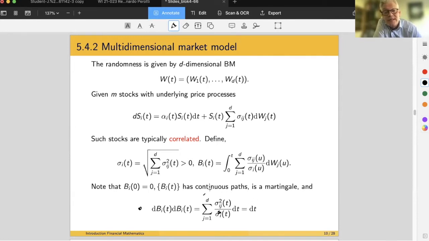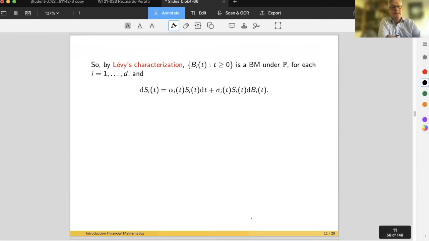And because this sum here is in fact sigma_i squared (t), then this is equal to 1. And then we see that indeed the quadratic variation in differential form gives us dt, so the quadratic variation is equal to t.